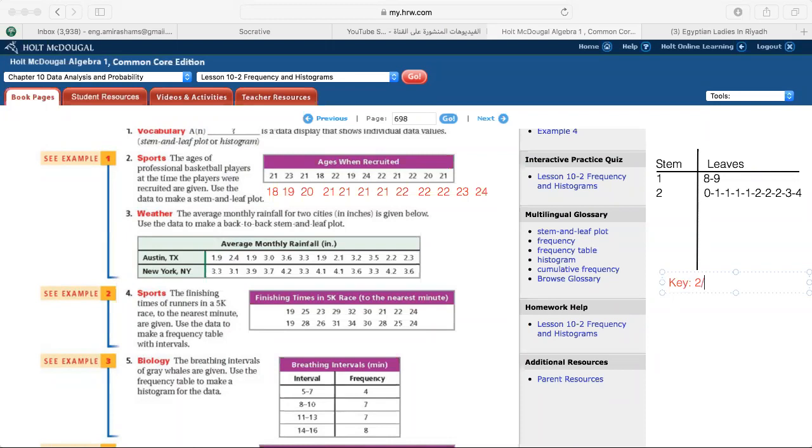The dash should be straight. I don't have a straight dash here. Let me take this one, or I will draw it. Dash 1. This is the key.